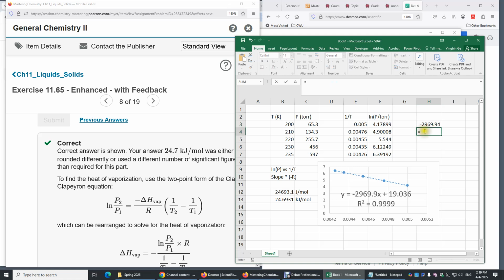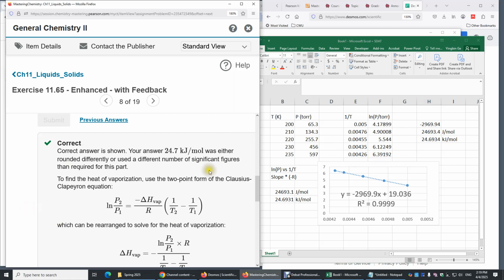And over here it's going to be the slope times the ideal gas constant. And again, this is in joule per mole, but if you want to get kilojoule per mole, you need this divided by 1,000. All right, you get the same value, 24.7.